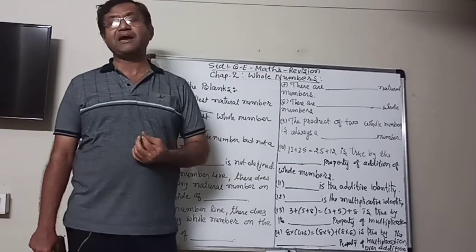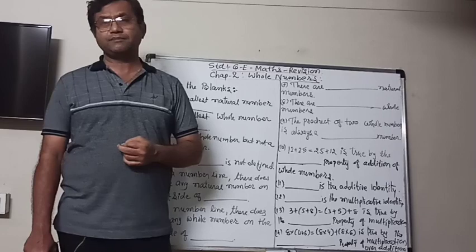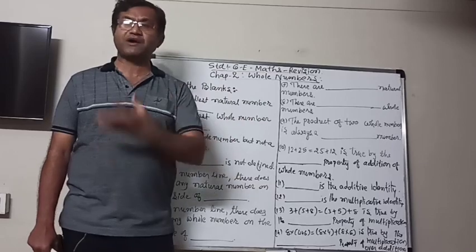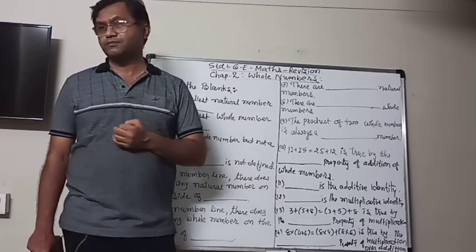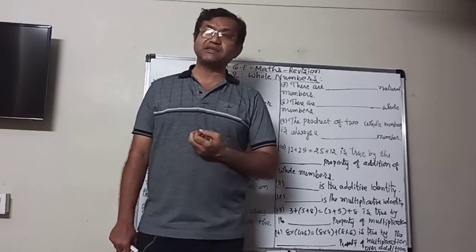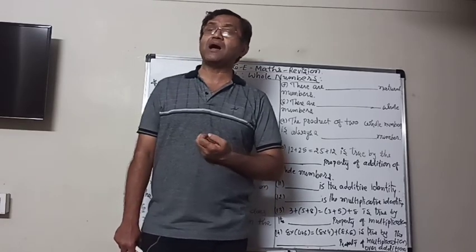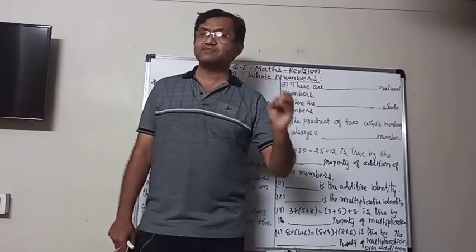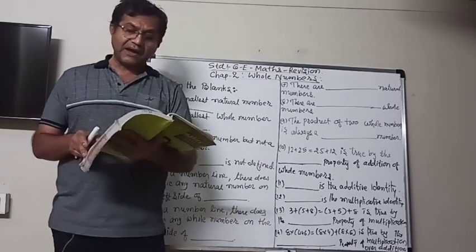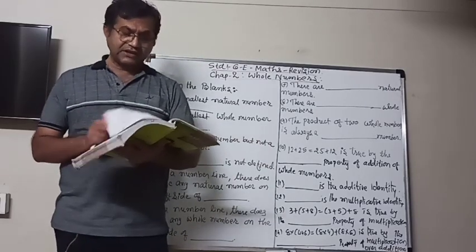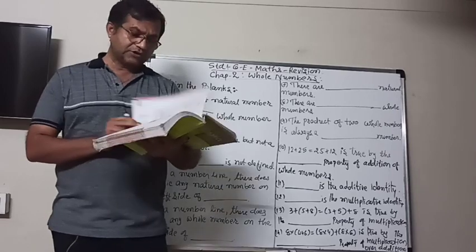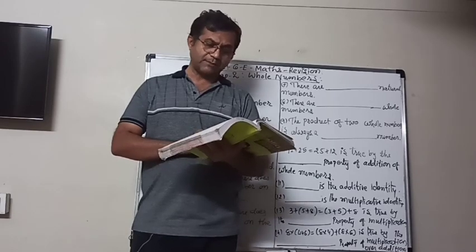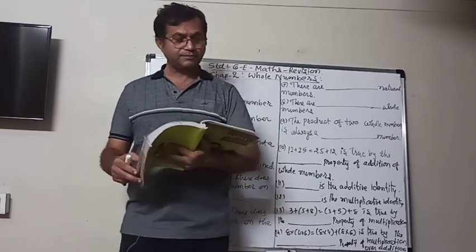Similarly, when we multiply any whole number by 1, the product is the same whole number again. 3 ones are 3, 5 ones are 5, 8 ones are 8, 0 ones are 0. So 1 is the multiplicative identity. So 0 is the additive identity, while number 1 is the multiplicative identity. And then the distributivity, we will talk about it again later. And then we also learn some patterns.